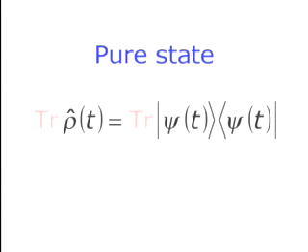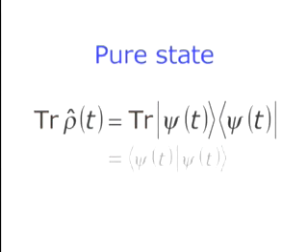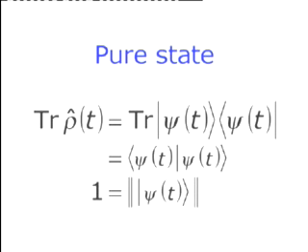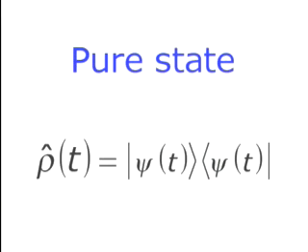Strictly speaking, pure states are always unit vectors. That follows from the definition of a pure state that I've given, because the trace of the density matrix has to be 1. But it's no big deal. Some people like to work with unnormalized vectors, and they insert a normalization factor in this formula.